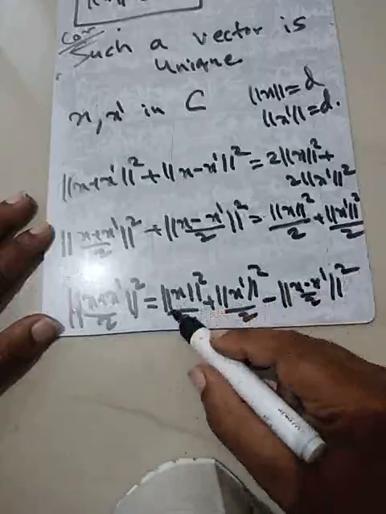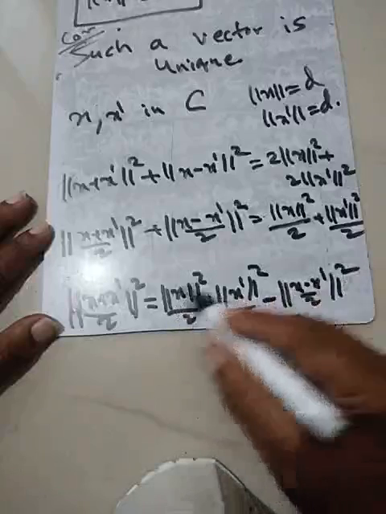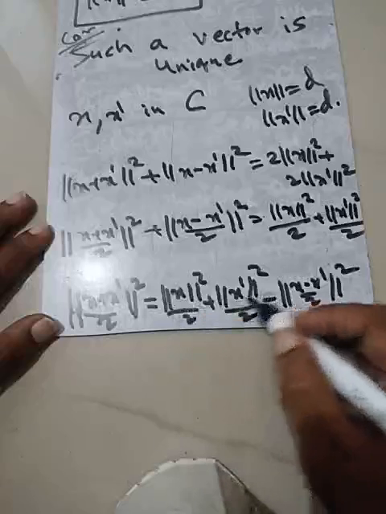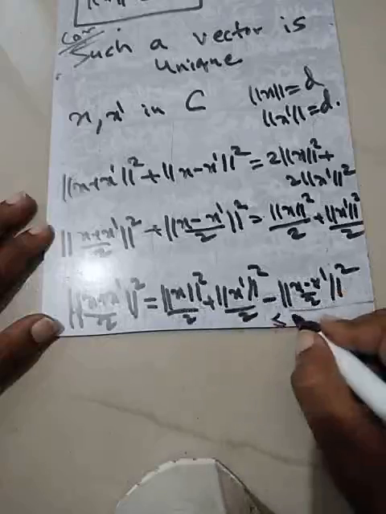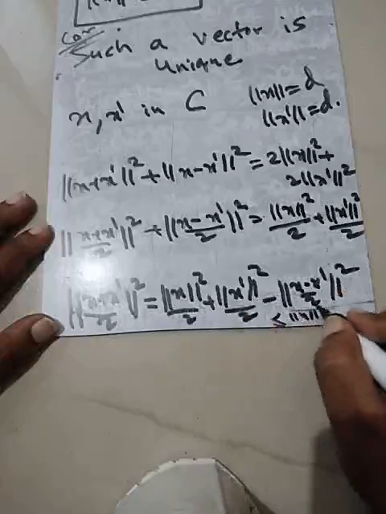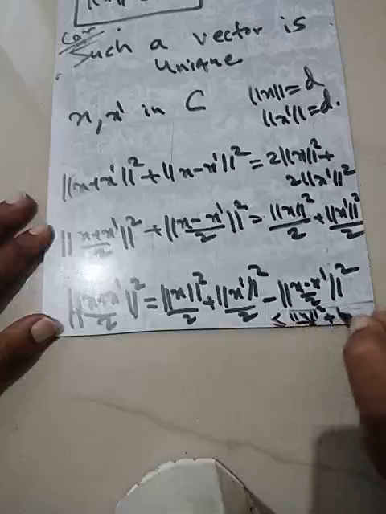Now if you look at this, these terms are all non-negative, and here you are subtracting, so this is less than or equal to just norm of x whole square divided by 2 plus norm of x dash whole square divided by 2. Now this object is d square divided by 2 plus d square divided by 2.